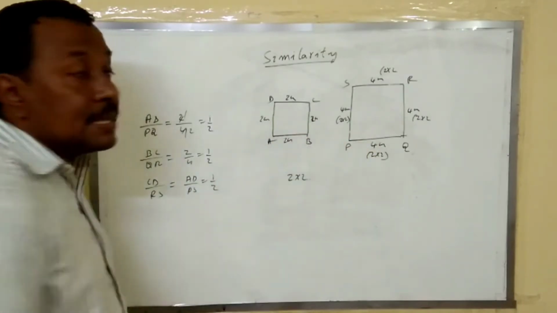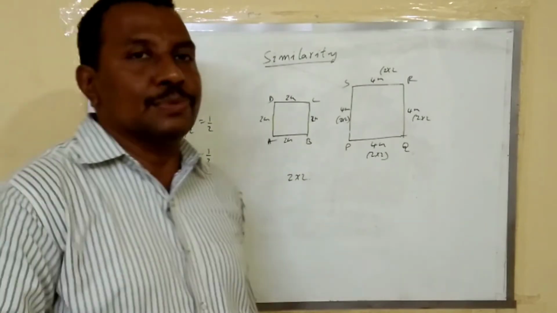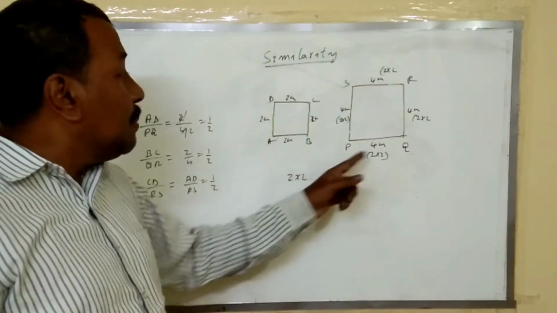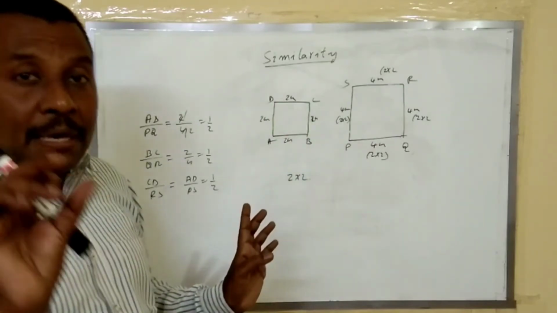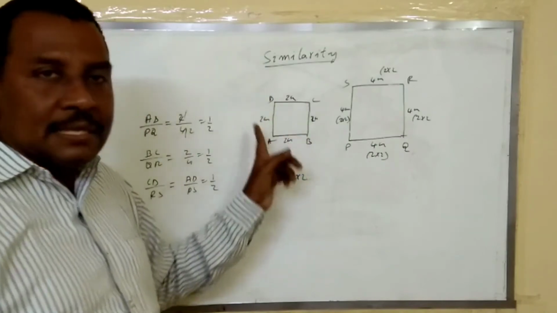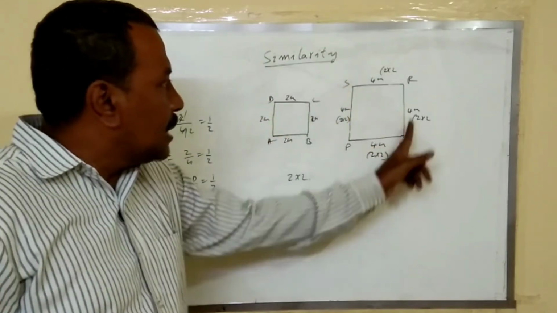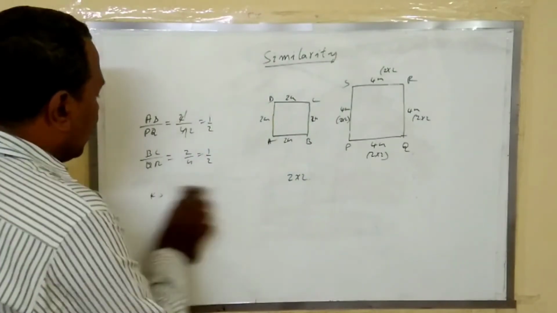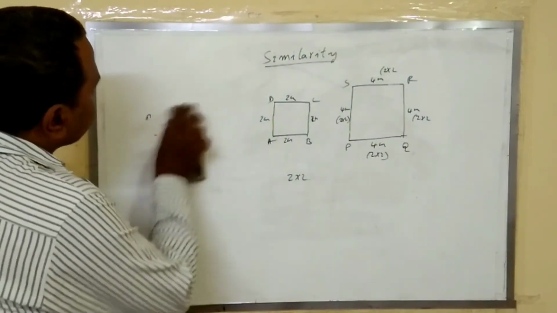All the corresponding sides maintain the same ratio. How do they maintain the same ratio? By taking a constant number and multiplying it with the sides, you will get an enlarged figure. Okay? I will take one more example to make it clearer.